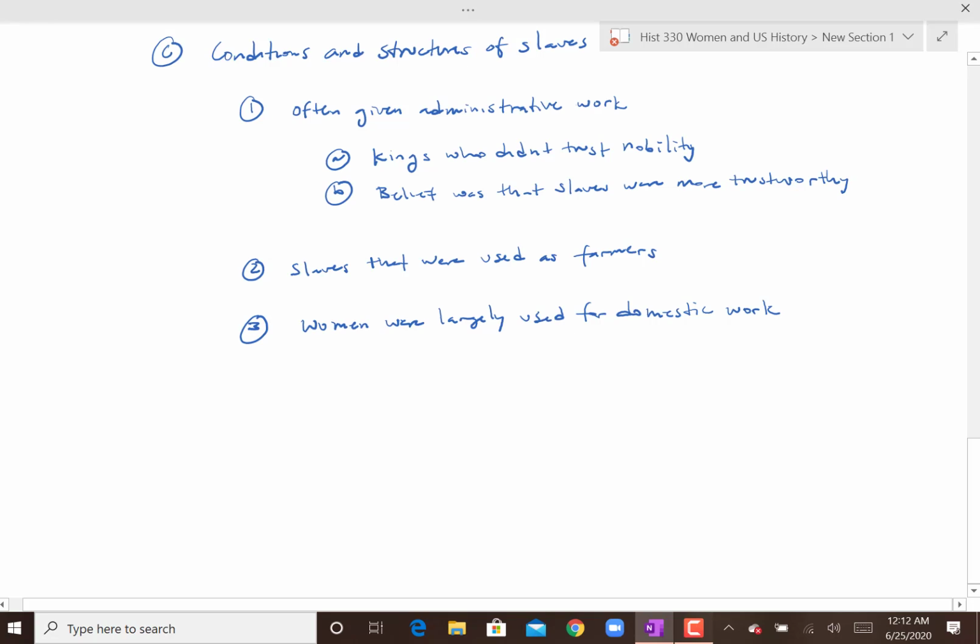The Middle East also had concubines. The king would have a couple wives, and then hundreds of concubines. In a way, concubines were a type of slave, but not called a slave.